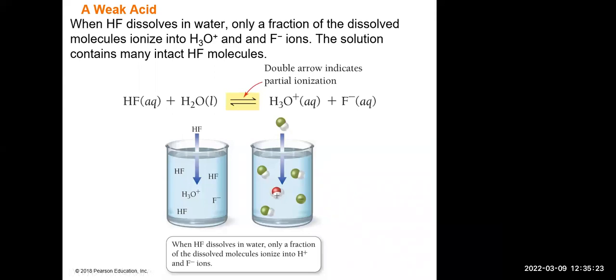That doesn't mean it's always 1 out of 4 for HF, it's just an illustration here. So therefore we use 2 arrows, one pointing to the right, the other pointing to the left, which means this process is not complete, it's only partial.